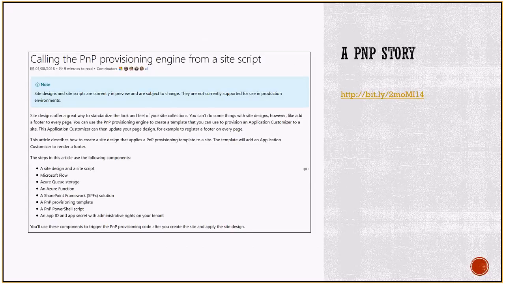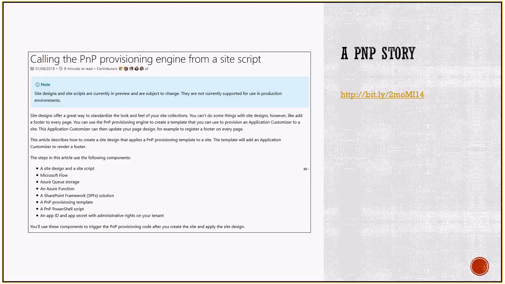And then if we have time, I would like to talk through this a little bit. It's something from the PnP team, the Patterns and Practices team at Microsoft, where they have, using Flow and Azure webhooks, all this other stuff, built out a story where you can have somebody create a modern site in SharePoint Online that triggers a flow, that puts something in Azure, that then runs a script to customize that site further.